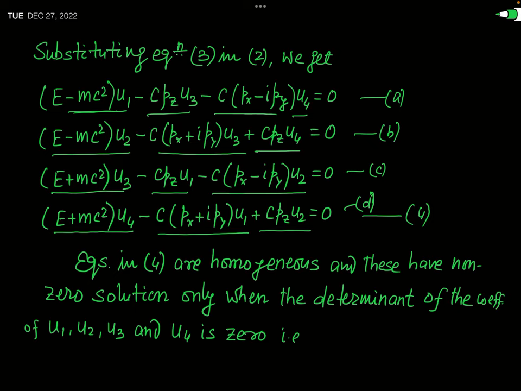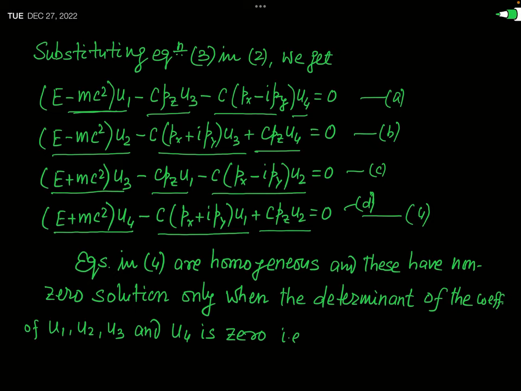Now you can see that in these equations u1, u2, u3 and u4 are numbers. So these are actually four homogeneous equations, and you know from the theory of determinants that these equations will have a non-zero, or non-trivial, solution only when the determinant of the coefficients of u1, u2, u3, u4 is equal to 0, that is, vanishes.